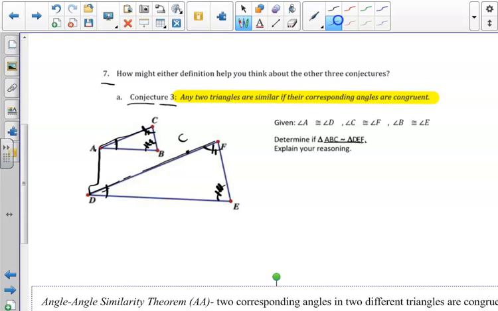Likewise, segment AB will lie on top of segment DE, where point B will lie somewhere on line segment DE.